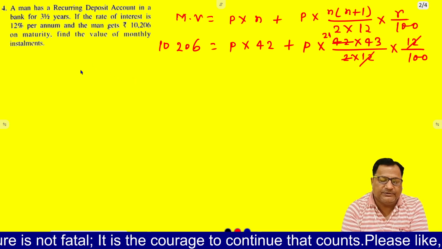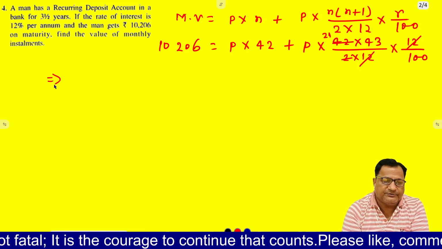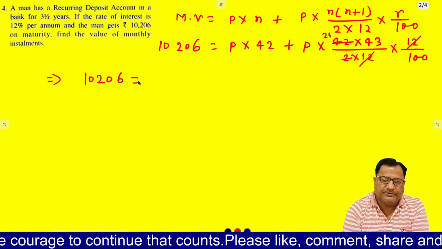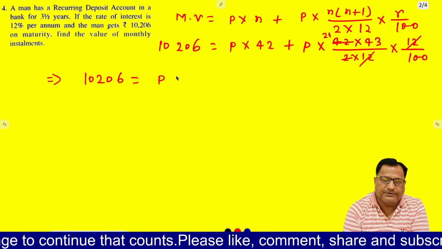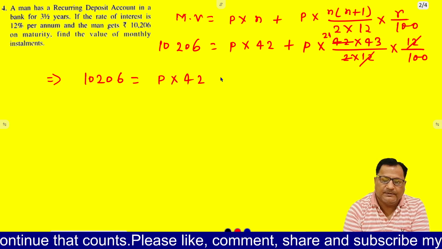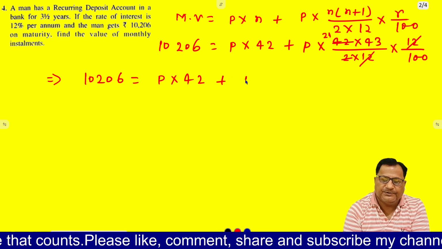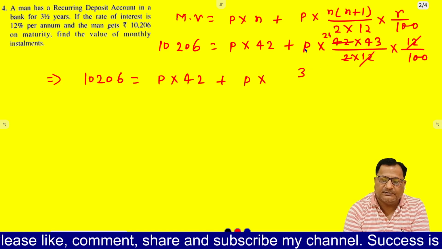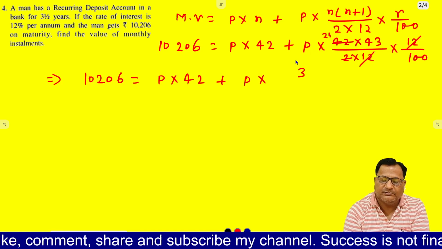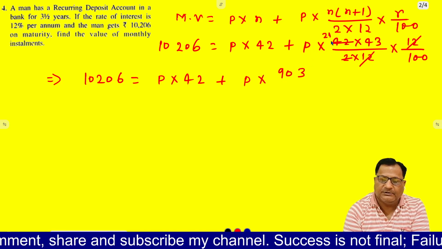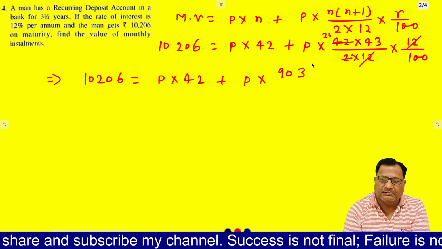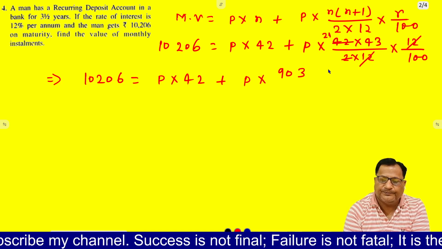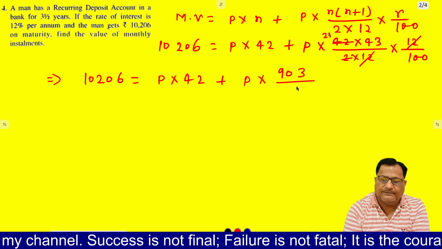Now we will multiply this. 10,206 equal to P into 42 plus P into, if we multiply, 903 divided by 100.